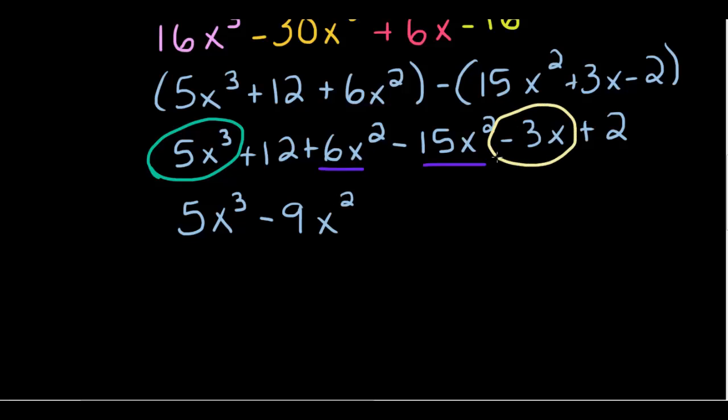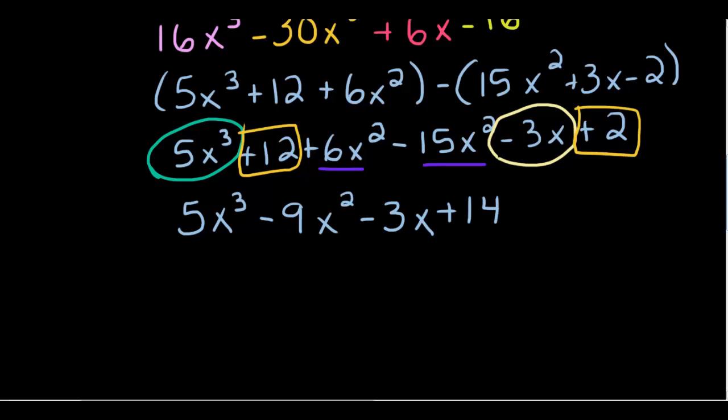Well, this is the only one. So then I'm going to write it down, negative 3x. And then we're going to wrap it up with the constants. 12 and 2. 12 plus 2, that is 14. So that's the answer.